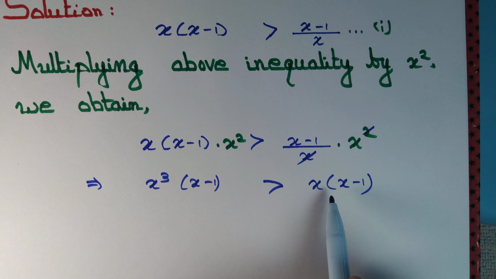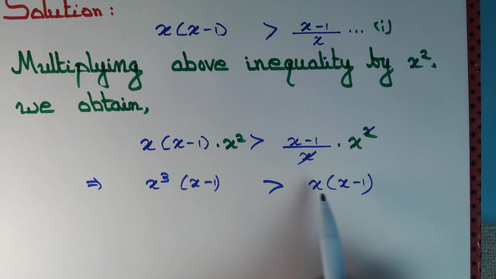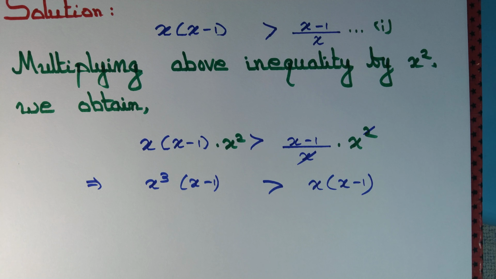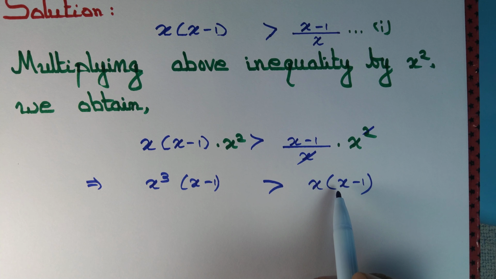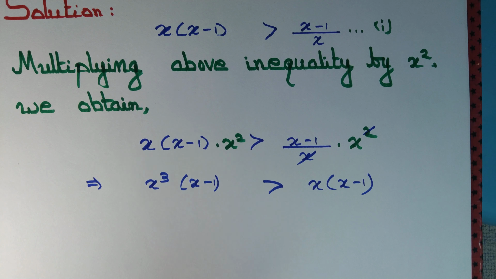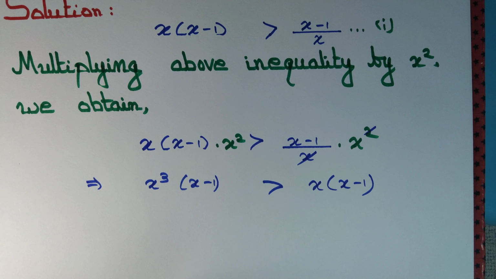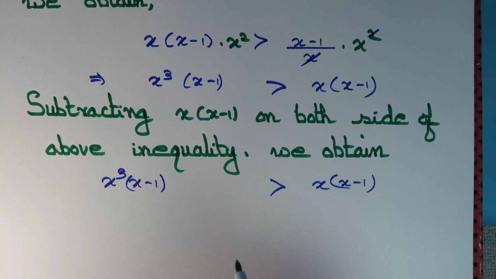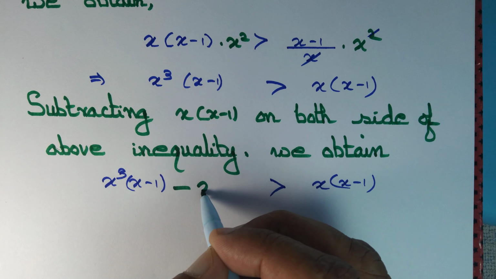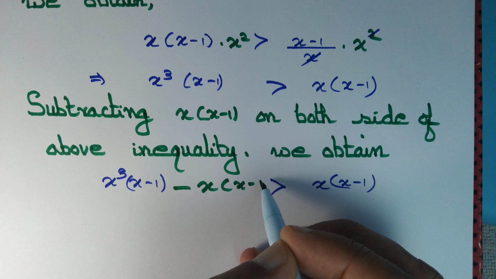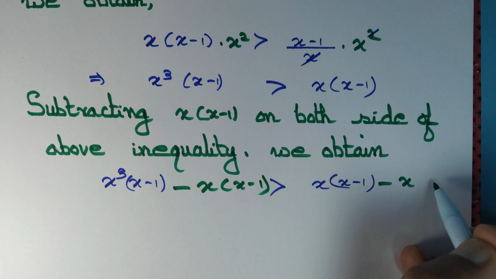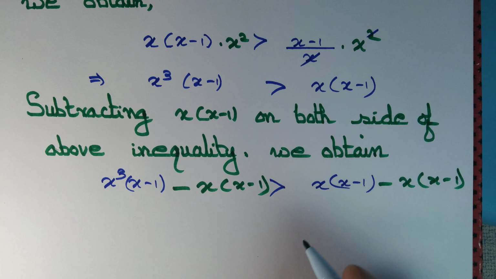Now you see that we can add or subtract something from the inequality and the inequality does not change. So we can take this expression to the left hand side, that is the same as subtracting x into x minus 1 from both sides.